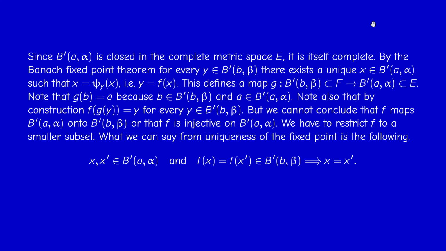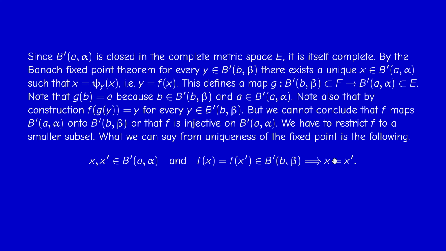So uniqueness of the fixed point tells me, this is what I was saying before, that if I know that x and x prime are close enough to a in the ball of center A and radius alpha, and f of x equal f of x prime, and this common value belongs to the ball of center B and radius beta, then necessarily x equal x prime.